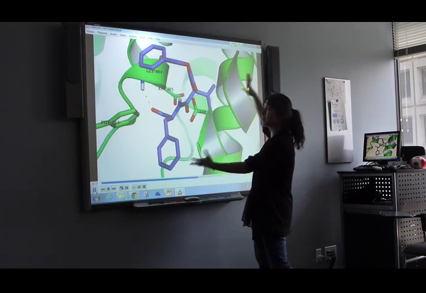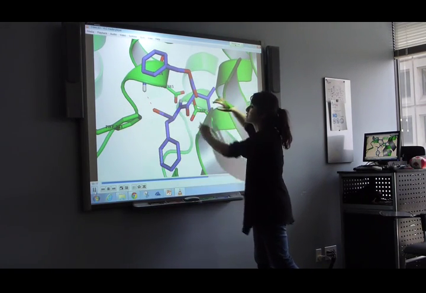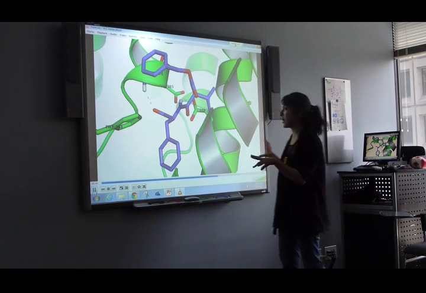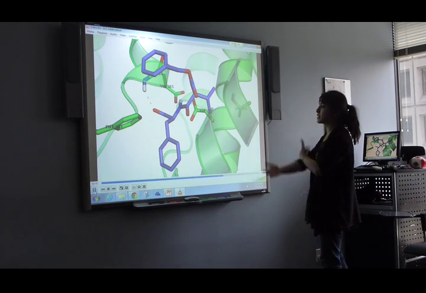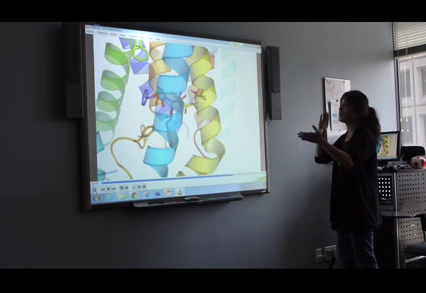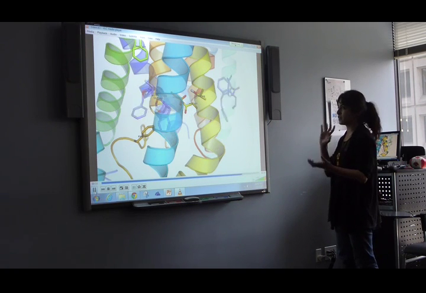And finally, this is the molecule, where we can see the exact atoms that are interacting with the catalytic amino acids. And we can see the different positions that this molecule has in the receptor.